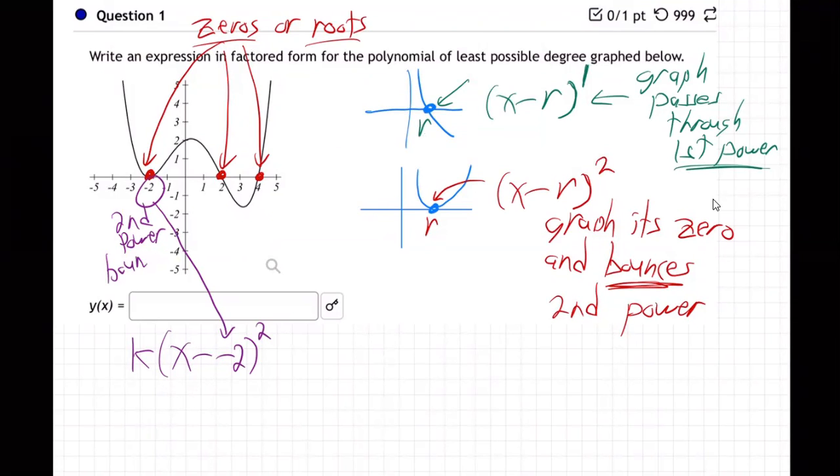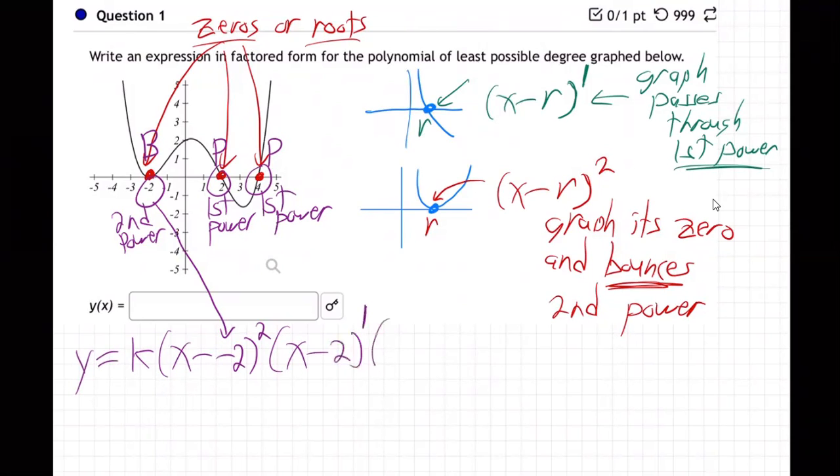In fact, let me just put a B. It's bouncing right here, whereas here it passes through and passes through. So this is going to be first power and first power for both those. So then we're going to have y equals k times x minus -2 second power, x minus 2 first power, x minus 4 first power.